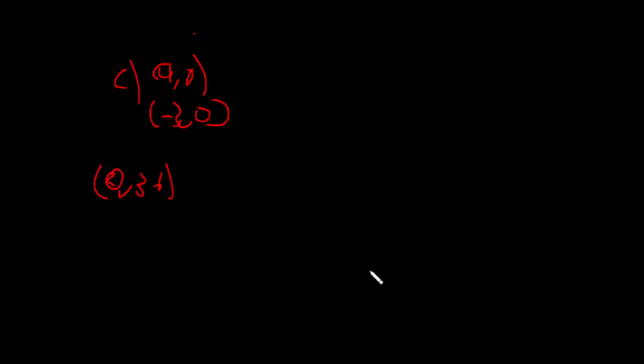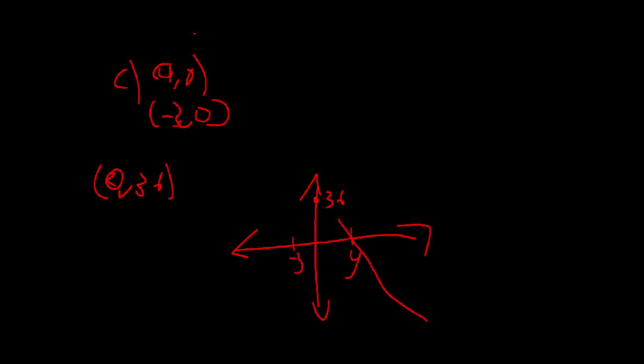So let's go straight down. Rough guess, this is like 36, and this is at 4, this is at negative 3. So it goes straight down, something like that, probably makes a parabola around here, and then it'll go like that.